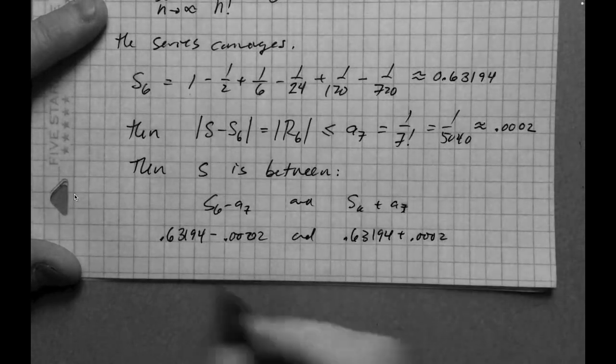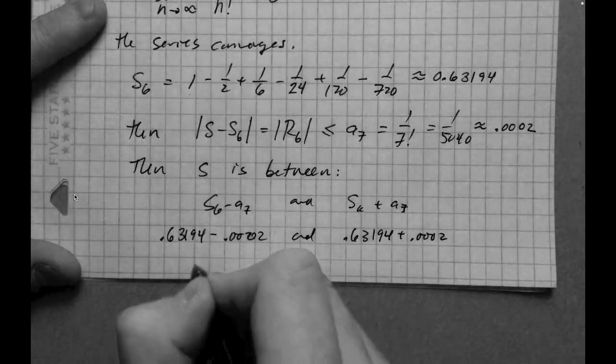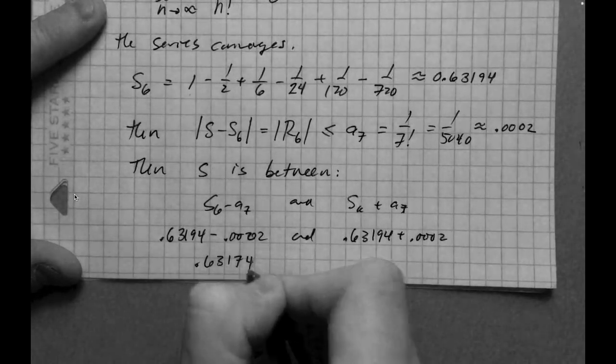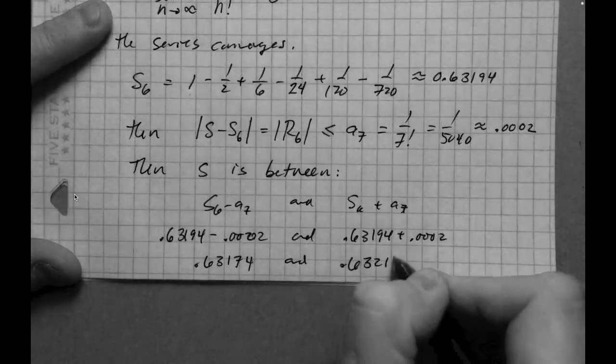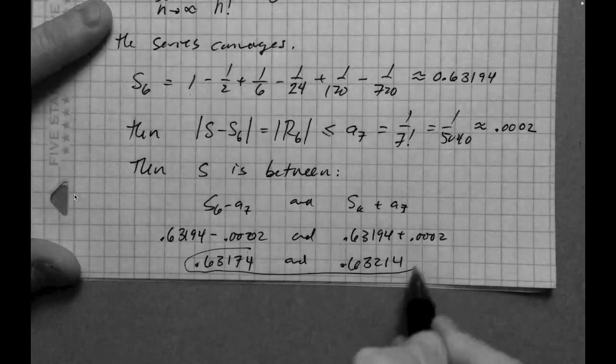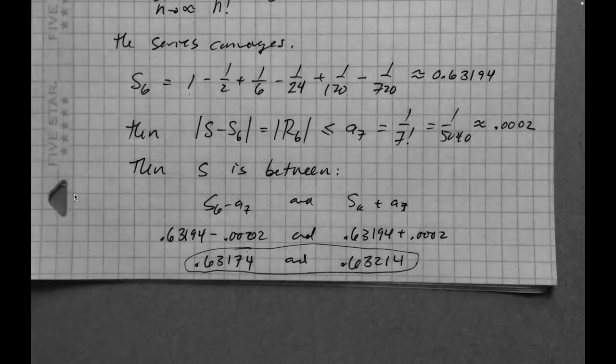Technically those numbers are 0.63174 and 0.63214. So it's a pretty tight range actually for this guy. You'd probably be safe to say it's approximately 0.632, so right in the middle of those two numbers. So there's a good example.